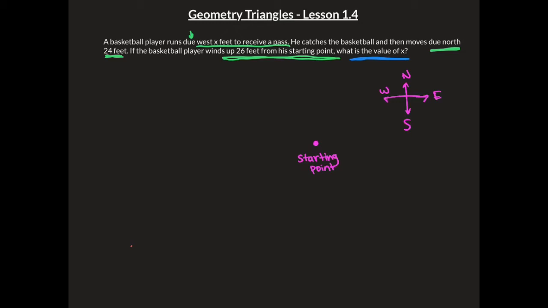So he runs west, so to the left, X feet. So let's just say this is X feet. Actually, let me write that in a different color. So he runs X feet.